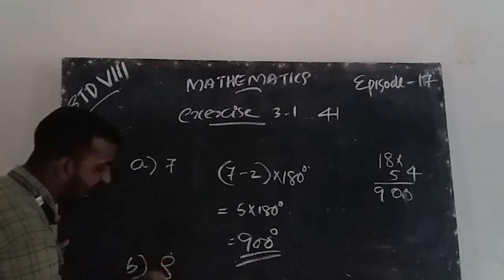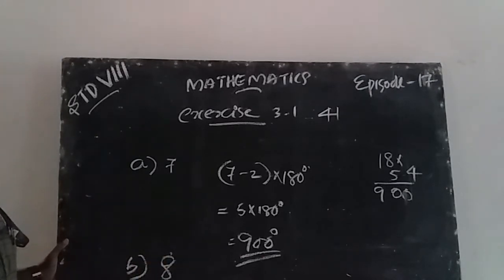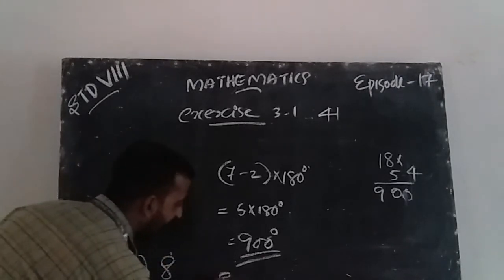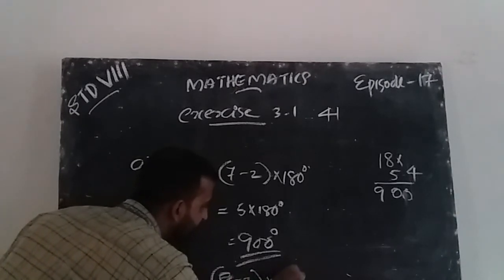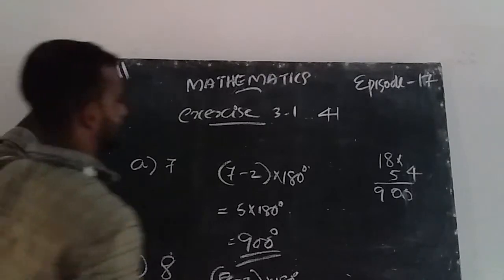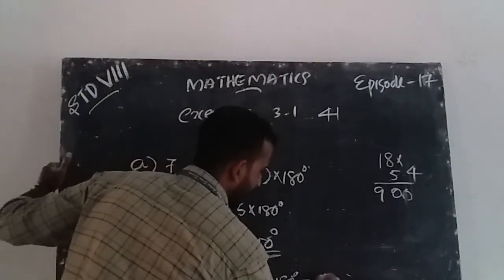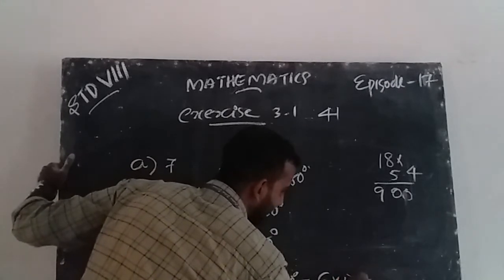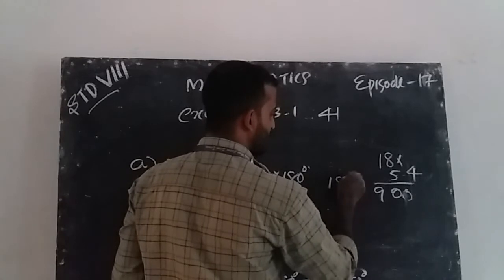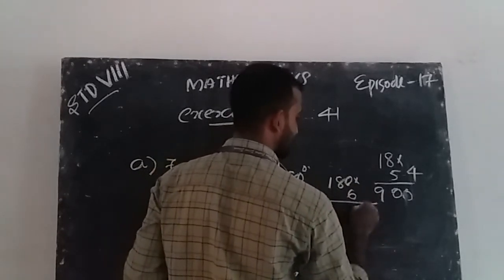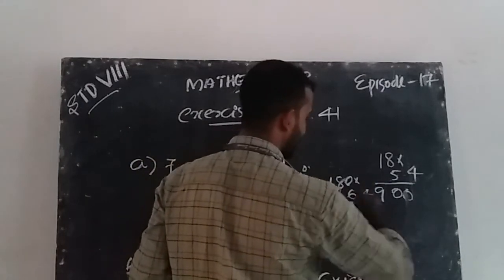And next one, part B, is 8. The convex polygon has 8 sides. What is the sum of angles? That is 8 minus 2 into 180 degree. Is it? Yes. That is 6 into 180 degree. 180 into 6: 0, 8 into 6 is 48, 4 is carried.